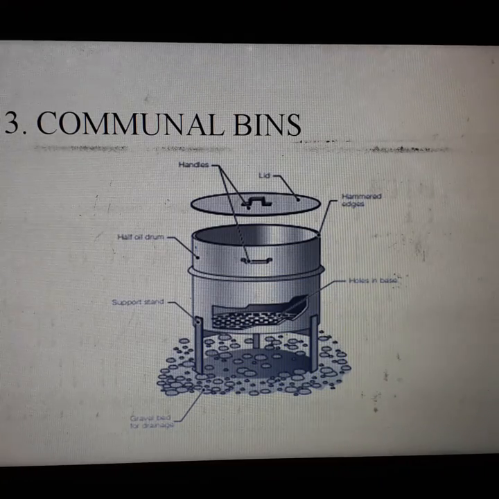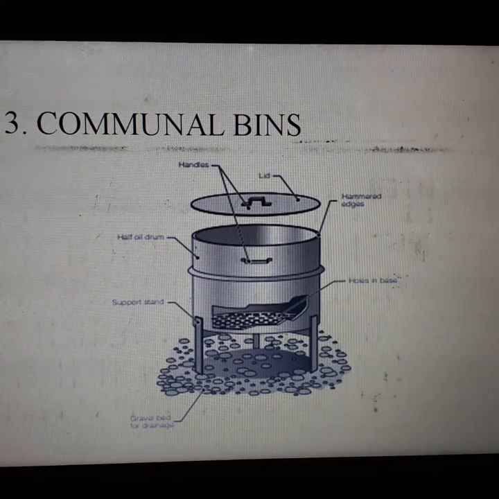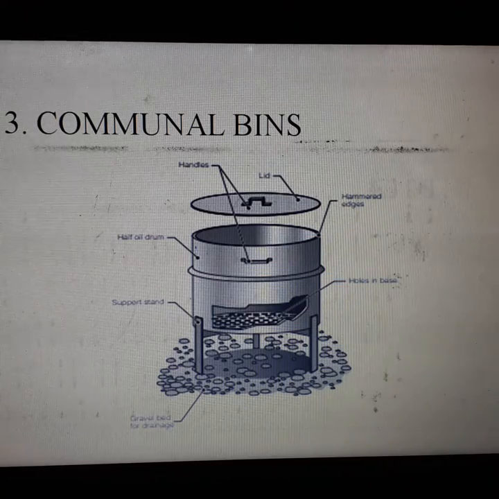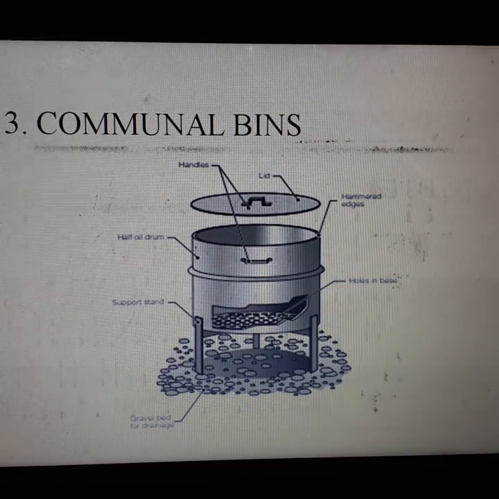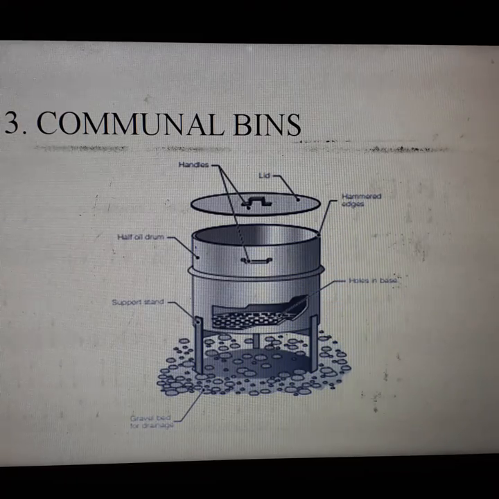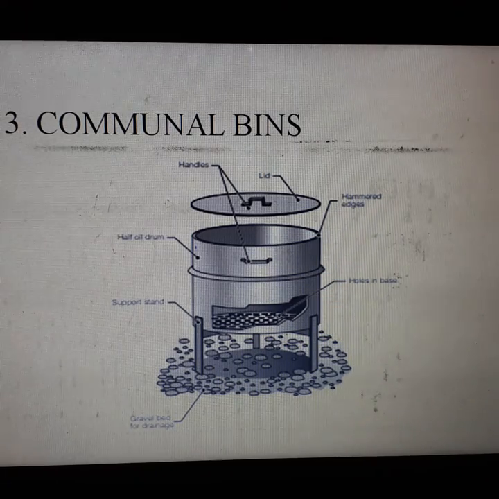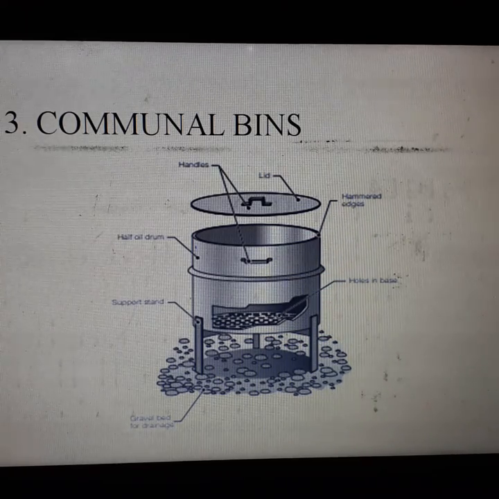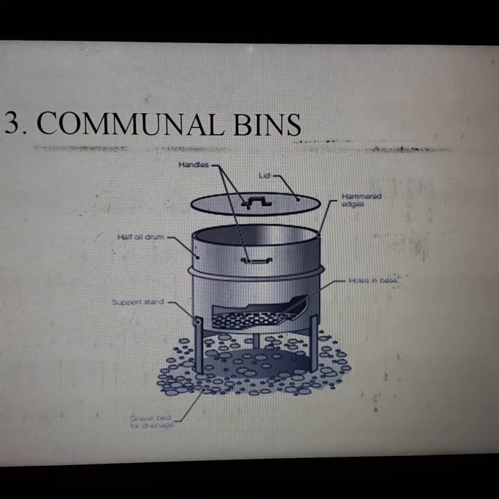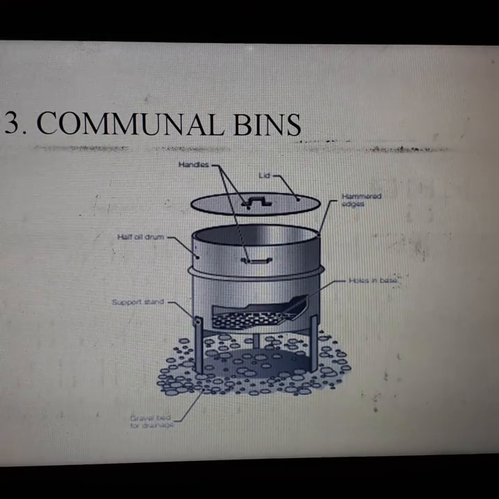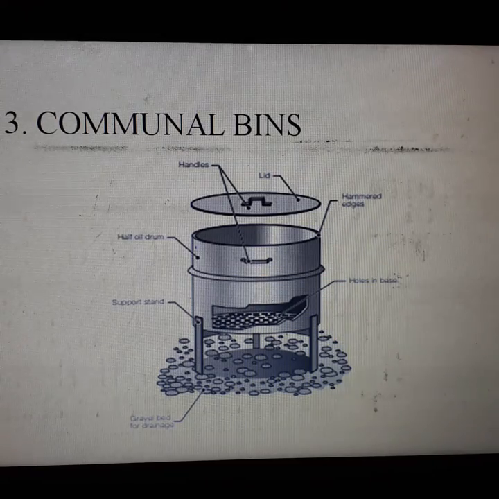A lid and handles can be provided if necessary. In general, a single 100-liter bin should be provided for every 50 people in domestic areas, every 100 people at feeding centers, and every 10 market stalls. In general, bins should be emptied daily.